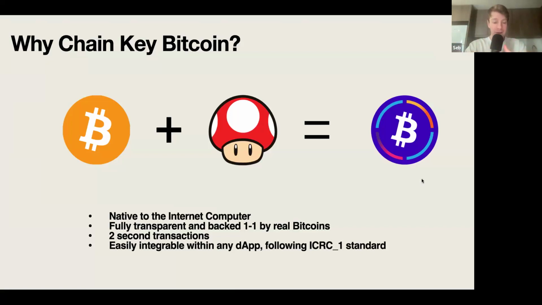The problem is that even if you can use the Bitcoin network, you can build applications, you can use Bitcoin as a currency, you will never be able to move away from Bitcoin limitations because in the end, the transaction is always settled on the Bitcoin blockchain. So it has to go through the Bitcoin consensus and you have to pay Bitcoin fees and you have to wait the time that Bitcoin needs to settle. So usually it could be like 10 minutes or 30 minutes on the bad days.